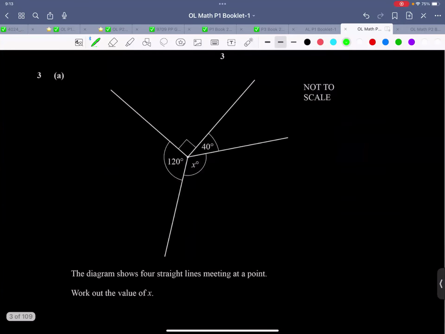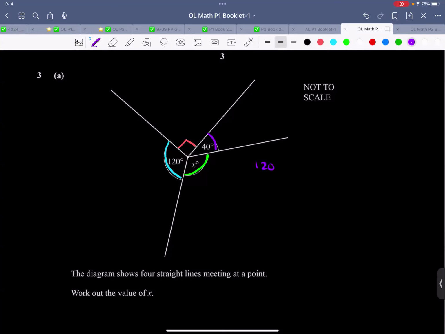The diagram shows 4 straight lines meeting at a point. That means all these 4 angles should add up to 360 degrees. So there is the red 90-degree angle, the blue angle 120, and then this thing, the purple angle, that is 40 degrees.